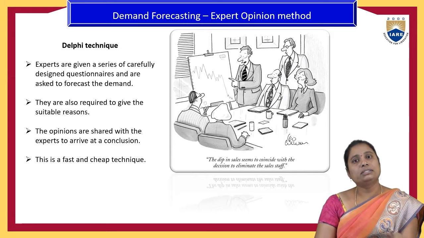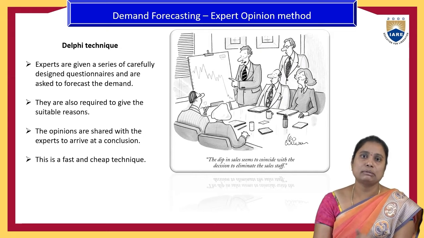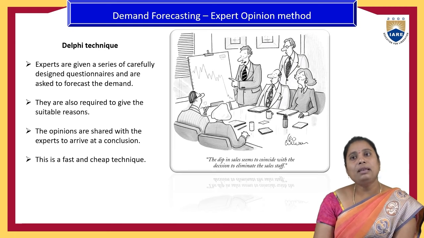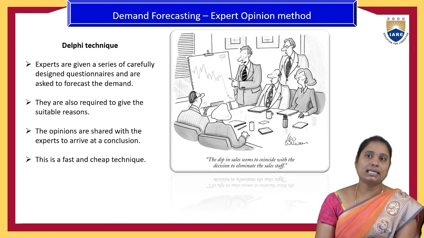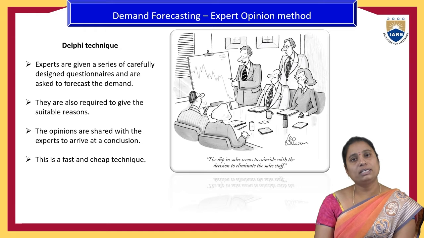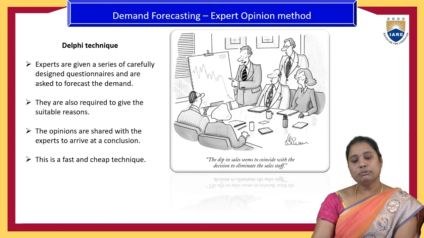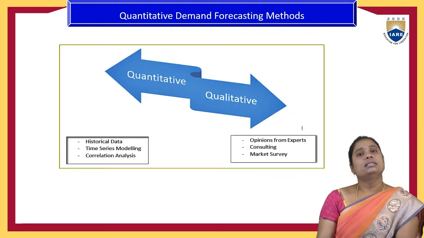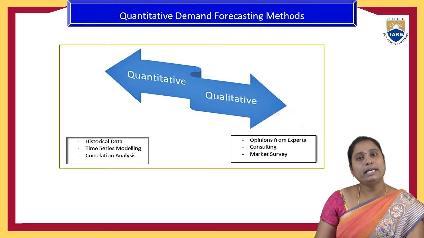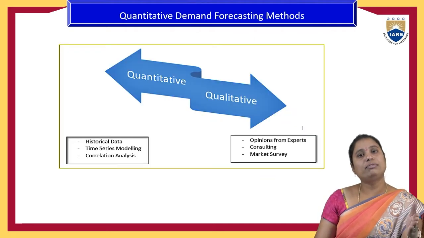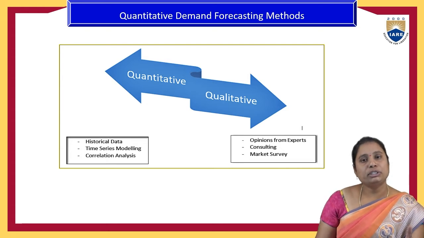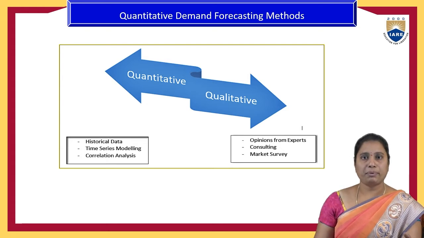Next, one of the drawbacks of the qualitative approach is that people may or may not give their real opinion. That's why it is better to go for some quantitative supporting data for the estimation of demand for any product.